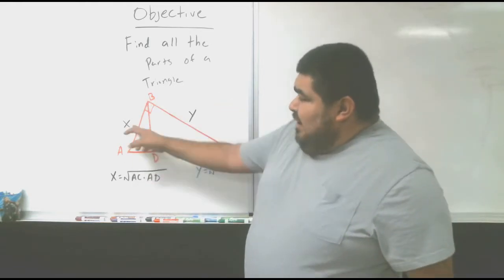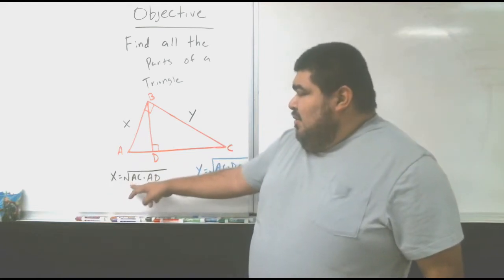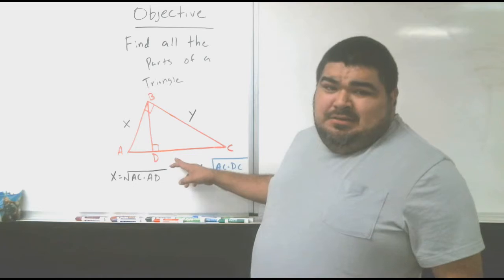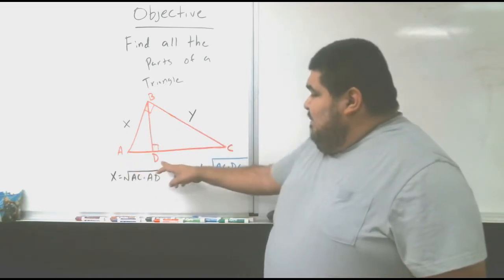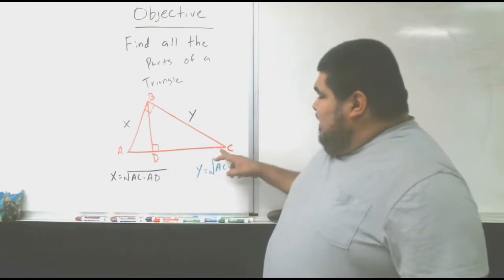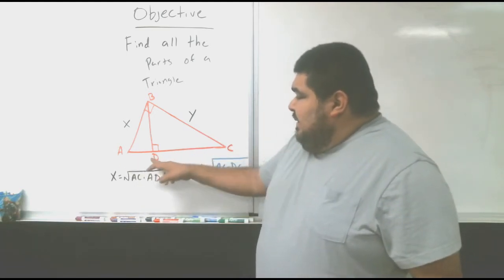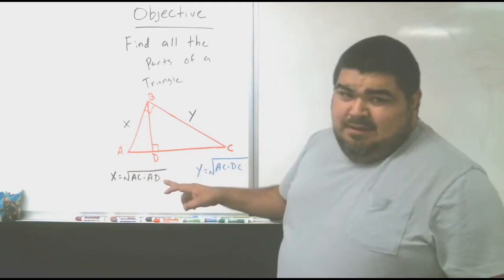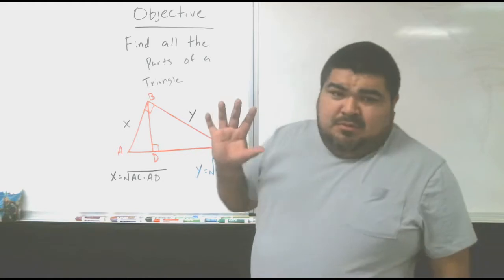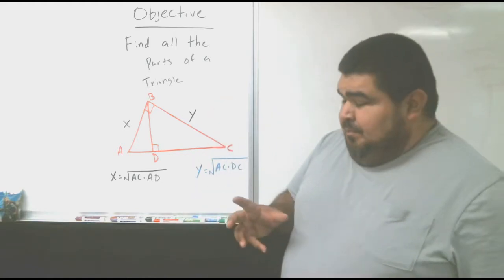A, B, or X equals the radical of the opposite line. So across from it, we have A, B, and C. So the whole thing, AC, times the piece that is on that side, meaning AD. It might not make sense at the moment, but we're going to see it in a minute.